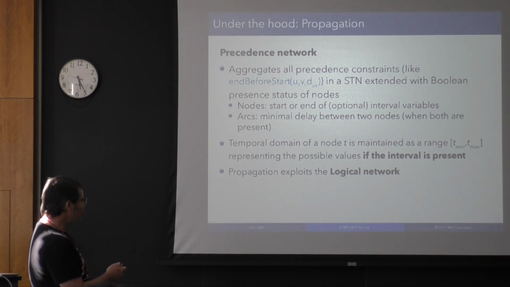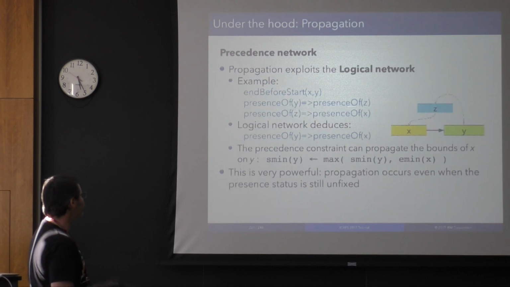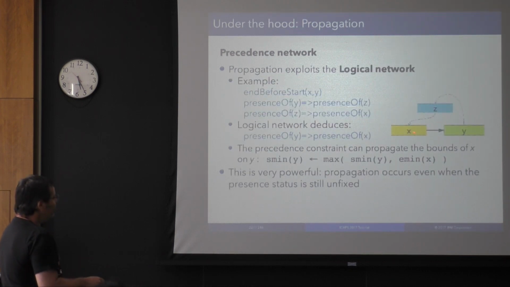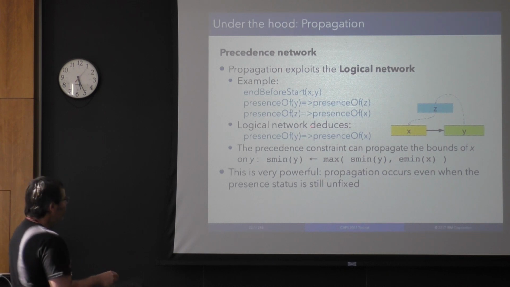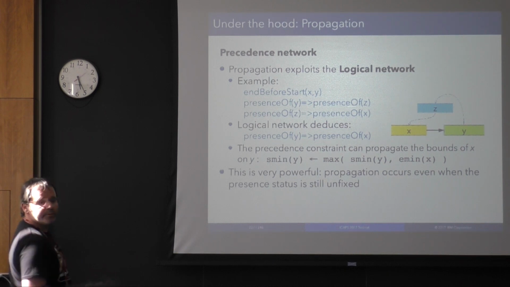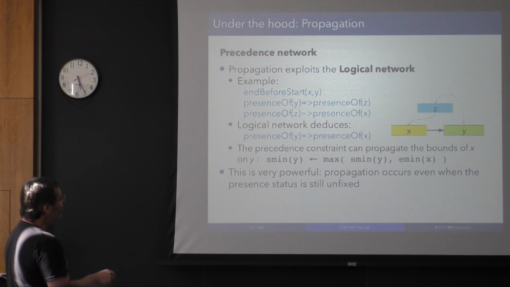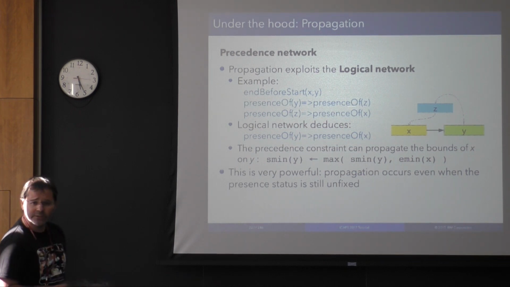And the propagation will exploit the logical network. I give an example here. Suppose this problem. You have x, y, z, and all these intervals are optional. You have a precedence constraint between x and y, and you have some implication constraints. Presence of y implies presence of z, and presence of z implies presence of x. When you look at the logical network, we perform transitive closure, so we know in constant time that the presence of y implies the presence of x.